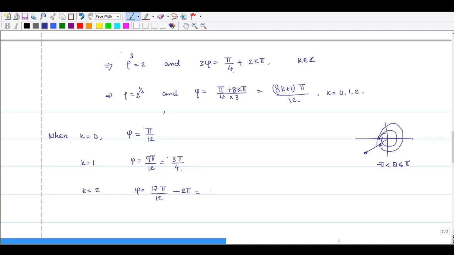Okay, so 7 pi by 12. So minus 7 pi by 12. இதுல ஏதாவது டவுட் இருக்கா? 17 minus 24, 12 24. So correct? 17 minus 24. So you will get minus 7 pi by 12.